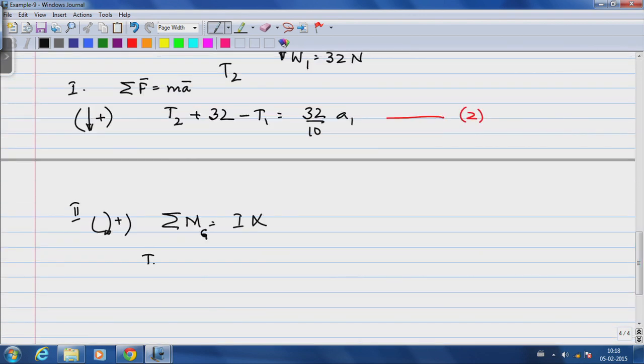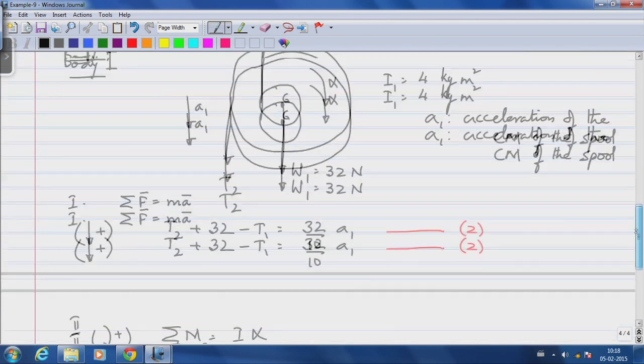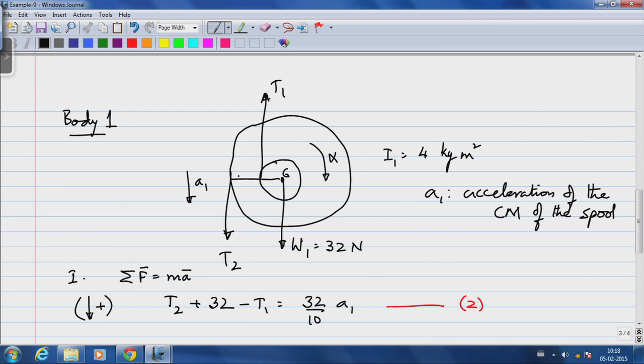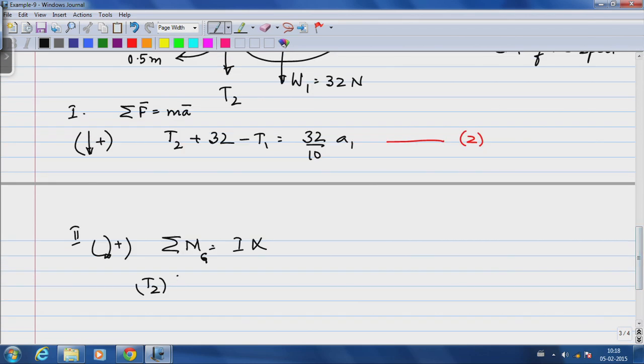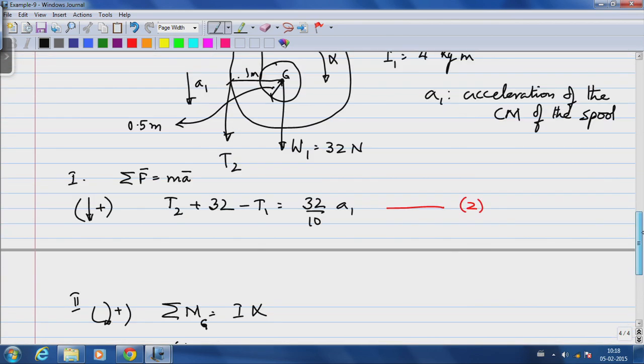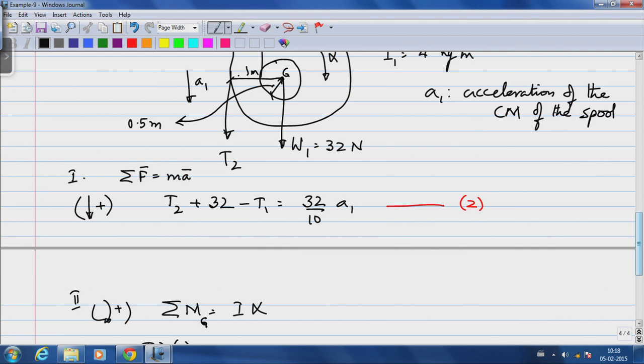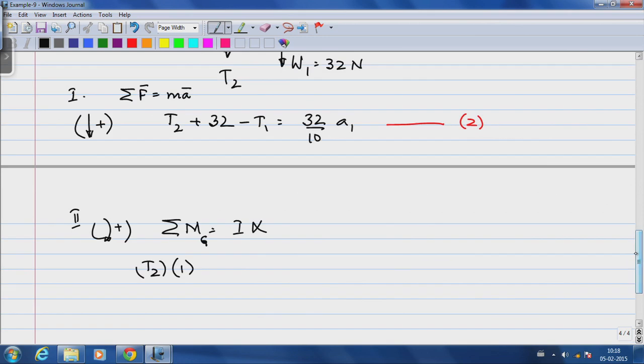So, in this particular instance T2 times the radius associated with this, which is 1 meter, and the inner radius here is half a meter. We are given those numbers. So, the radius times 1 meter produces a counterclockwise moment, as you can see, and so by our sign convention that would be negative.